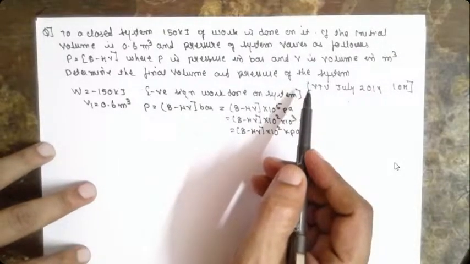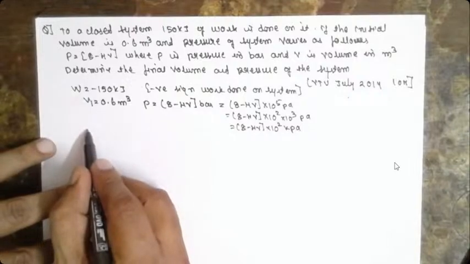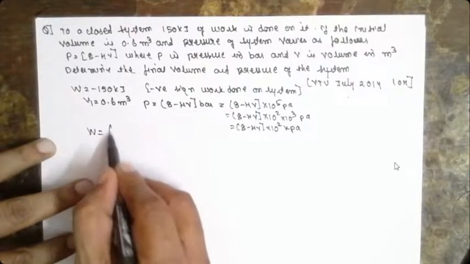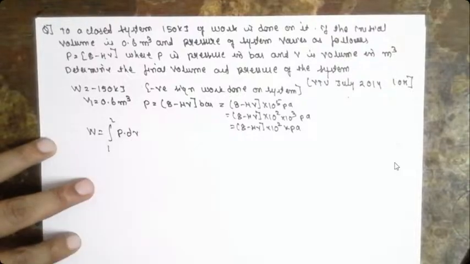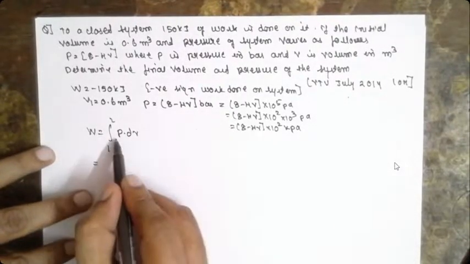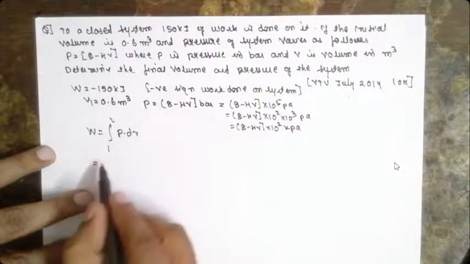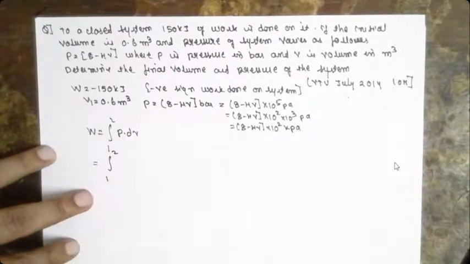Now see here, we know that the general formula for work done is equal to integration of 1 to 2 P into dV. Now in place of P, we need to substitute this equation, integration 1 to 2, because we have to carry it between the state 1 and 2.